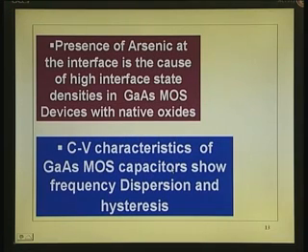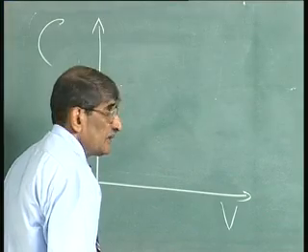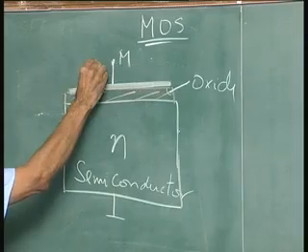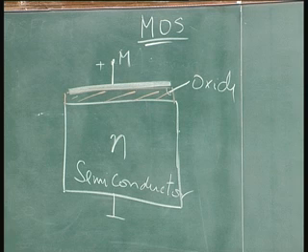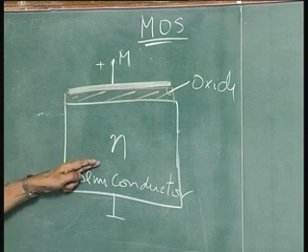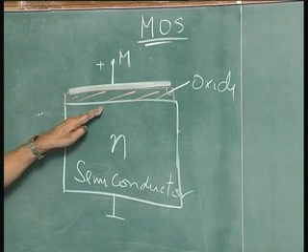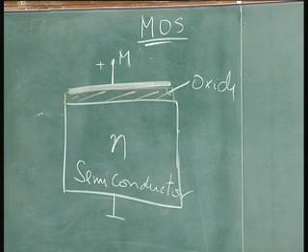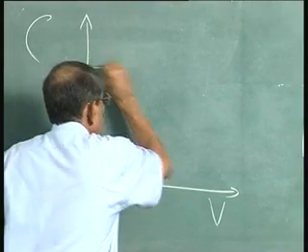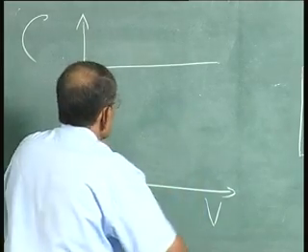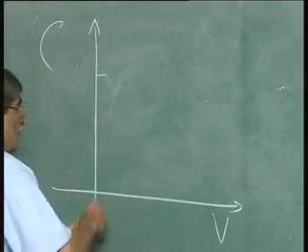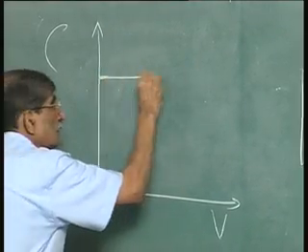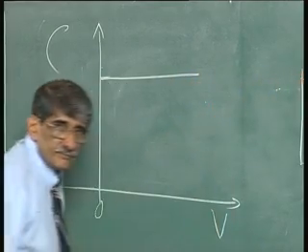So, this is the N type substrate. If I apply plus voltage, negative charges will be accumulated on the surface, and the capacitance will be that of the oxide. So, when I apply plus voltage, ideally that should come flat, because of the capacitance of the oxide.